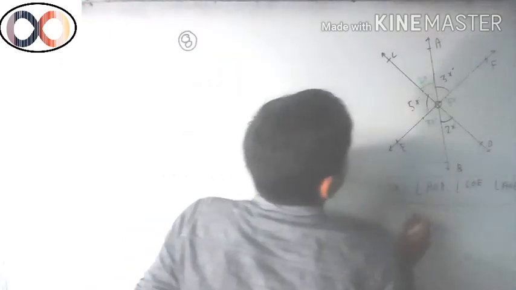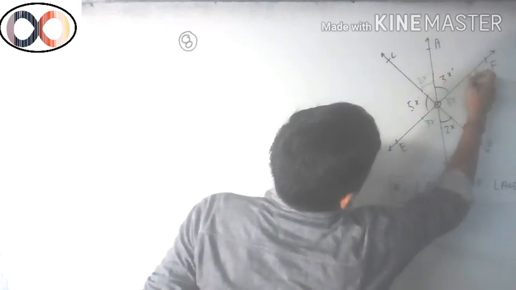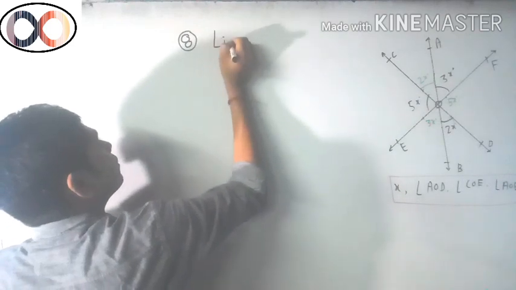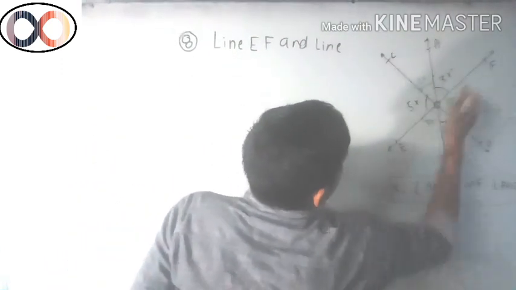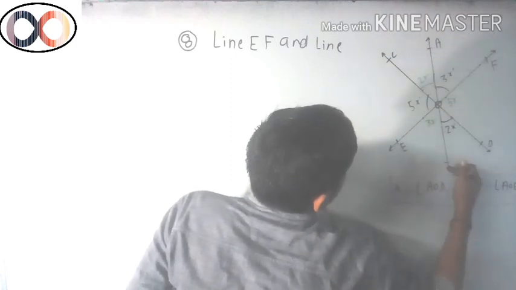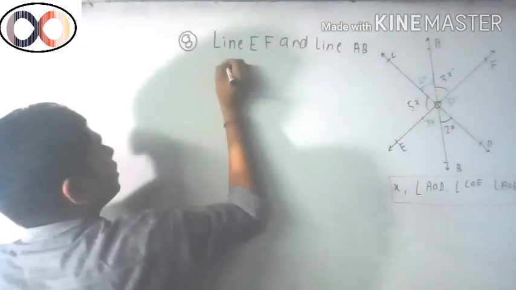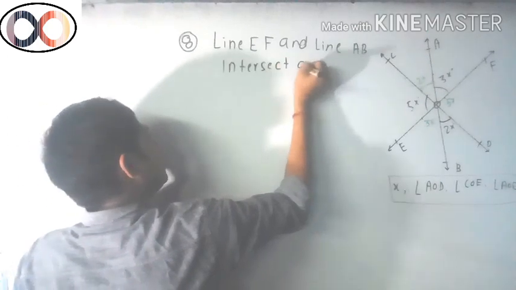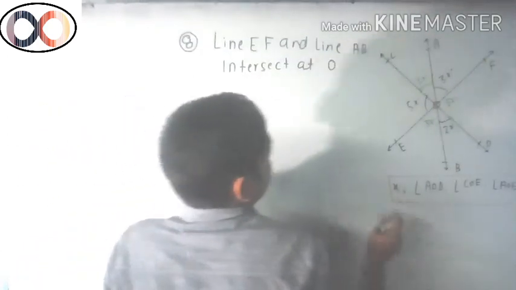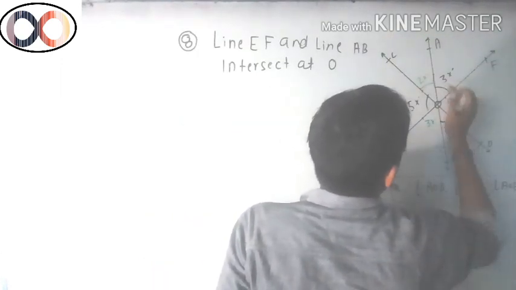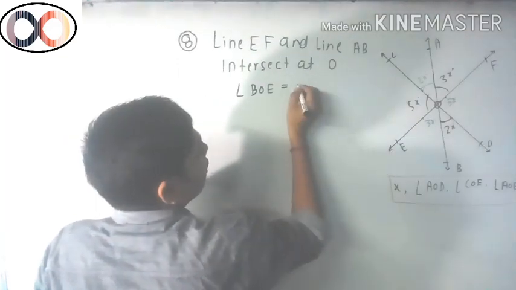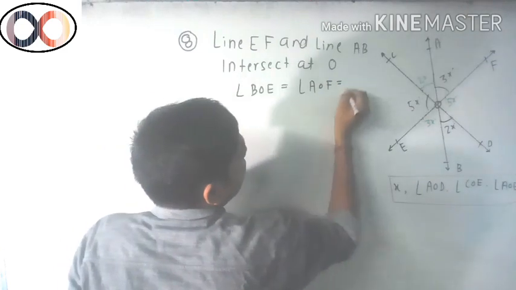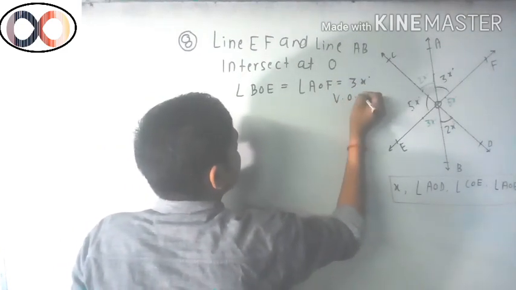You will have to write: line EF and line AB intersect at O. So line AB is here and line EF is here, so this angle equals this angle, meaning angle BOE equals angle AOF, that is 5x, that is 3x degrees, due to vertically opposite angles.